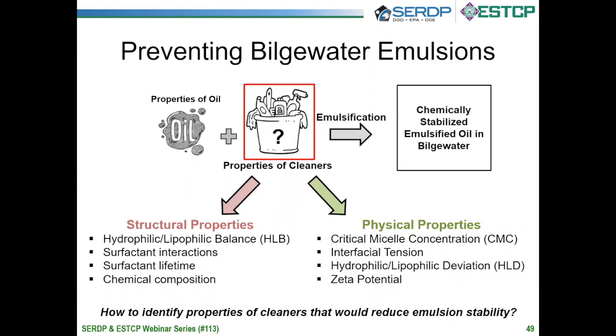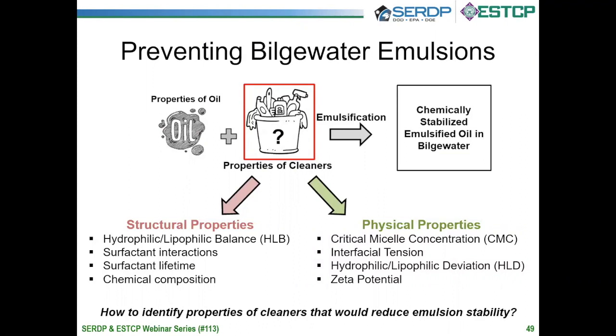In addition, we're also looking at physical properties, so the critical micelle concentration, or the concentration of surfactant at which the surface tension or interfacial tension is at equilibrium, as well as the interfacial tension, hydrophilic lipophilic deviation, and zeta potential.